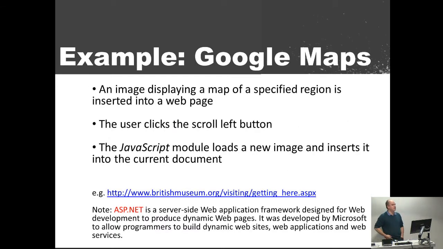So a very good example is Google Maps. Okay, so now many websites offer you how to get there, or how to contact them. And you have a page with information on how to get there, and they have a Google Map.